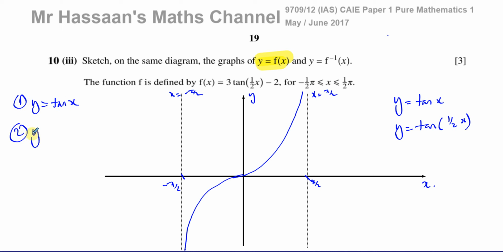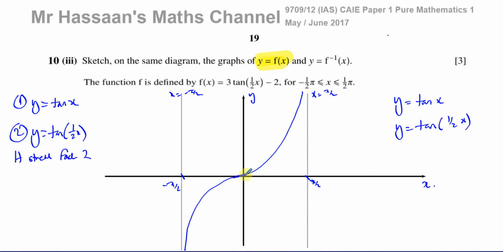Second, we're going to do y equals the tan of a half x. Now, the tan of a half x is a horizontal stretch of factor 2, sorry, not 3. A half x is a stretch of factor 2, which means all the x coordinates are multiplied by 2 and the y coordinates stay the same.